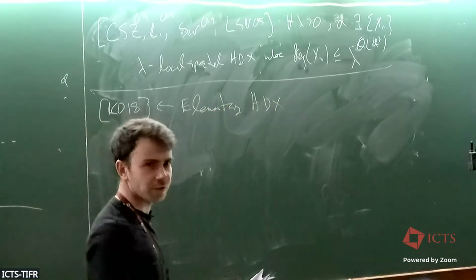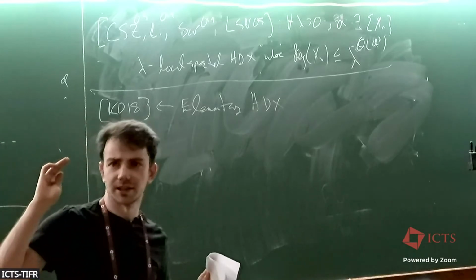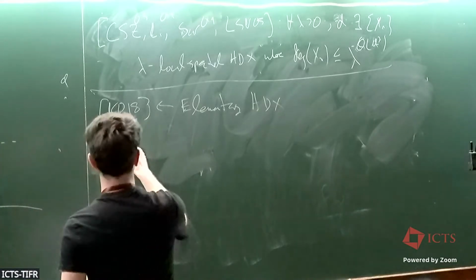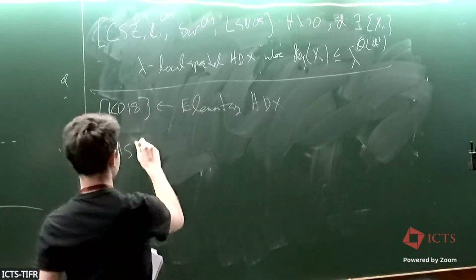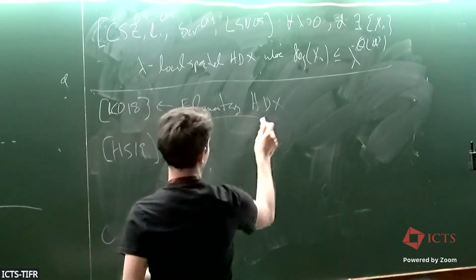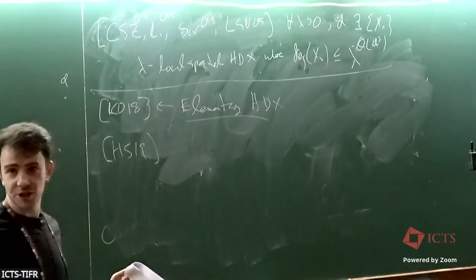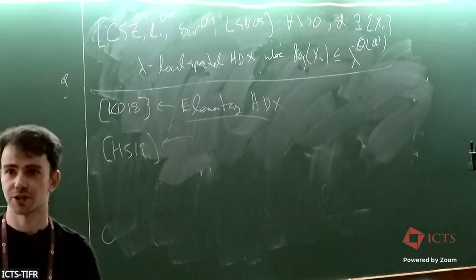It's very beautiful. There's a super accessible exposition due to Prahladh and Ramprasad in 2019, some year. So if you want to know more about algebraic constructions of high-dimensional expanders, I strongly suggest reading this survey. It's extremely nice.